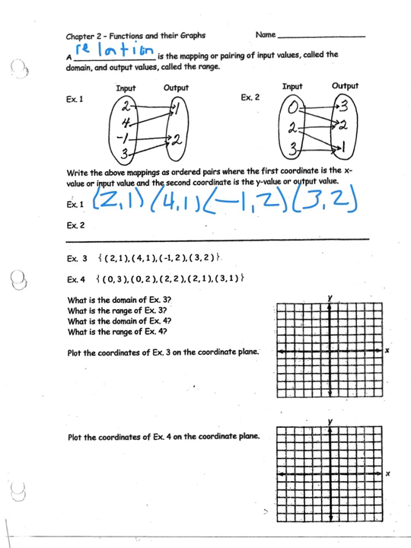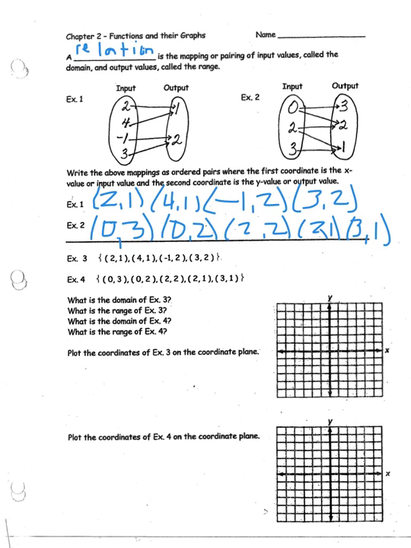In example 2, our ordered pairs are going to be (0, 3), (0, 2), (2, 2), (2, 1), and (3, 1).